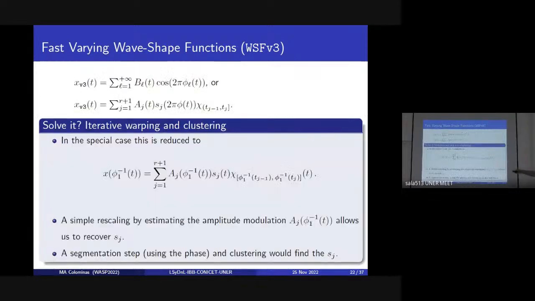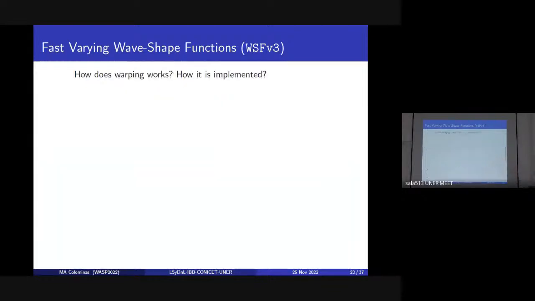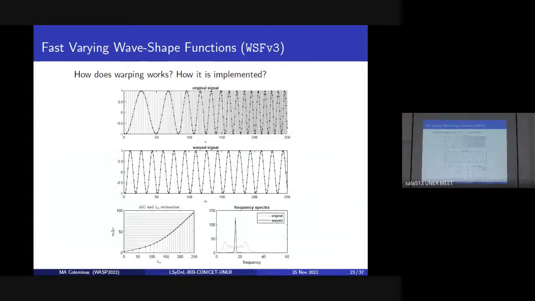How do we do this in practice? Because it looks nice on paper, but how do we do it in practice? What we do is we have to estimate the phase function, and with that estimation, we can create an estimation of the inverse of the phase, and using that, we just resample the original signal.